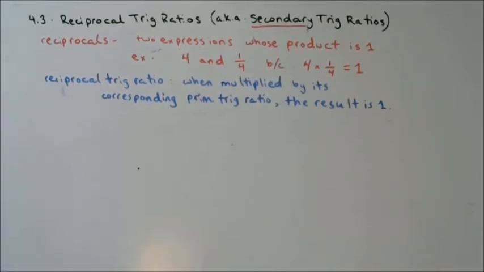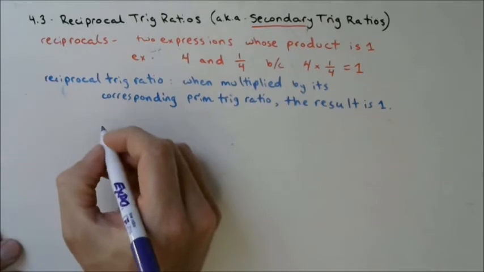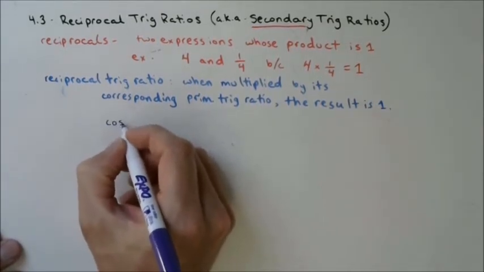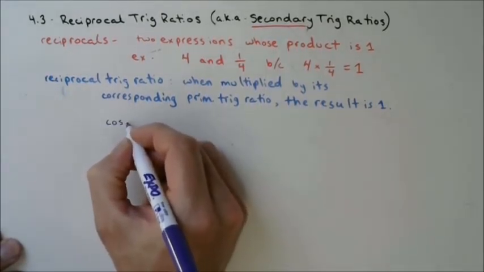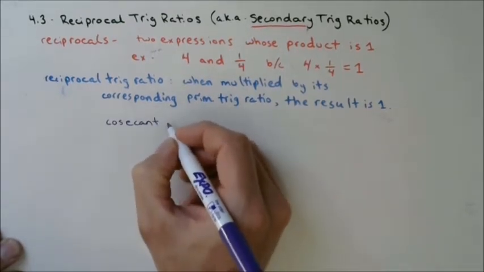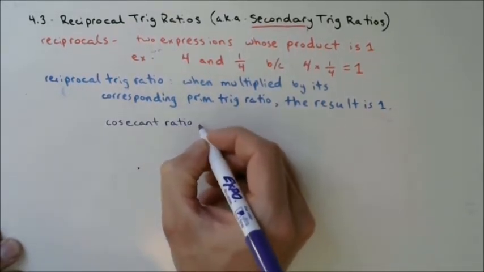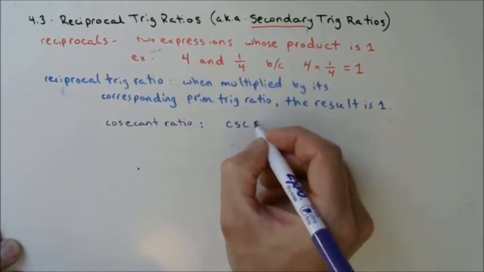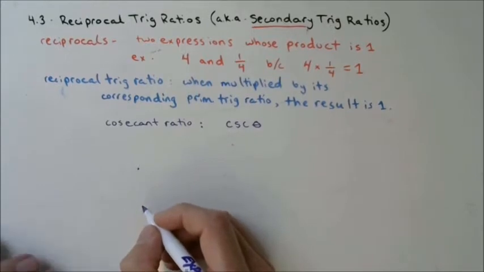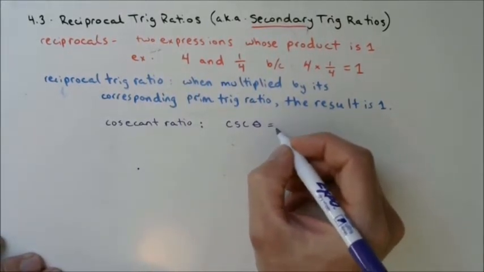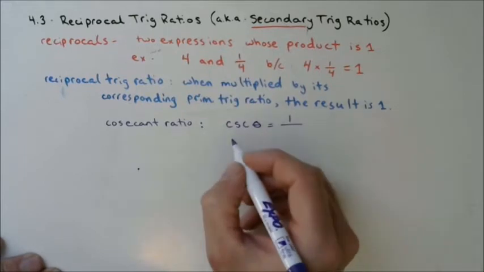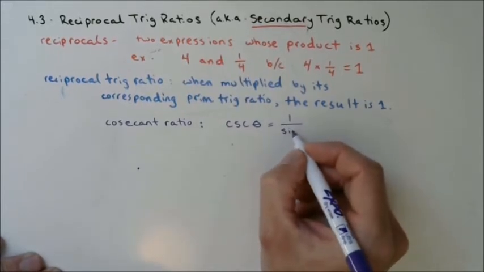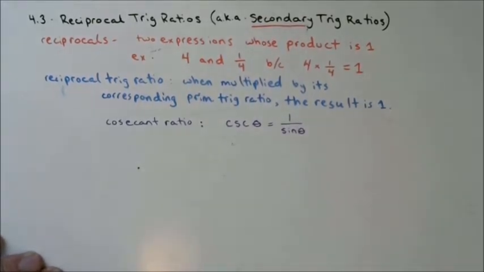Alright, so let's go ahead and list our secondary trigonometric ratios. We have the cosecant ratio, which is indicated by CSC of theta, and it is the reciprocal of sine ratio. So the cosecant of theta is equal to 1 over the sine of theta.